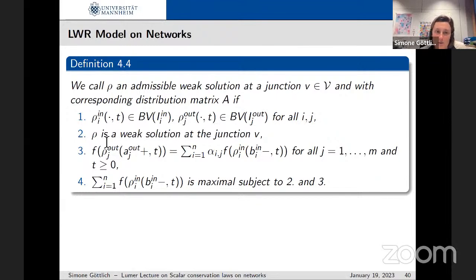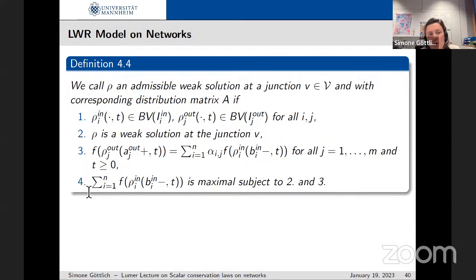We further assume that rho is a weak solution at the junction. We also have the distribution of fluxes among the outgoing arcs. That's why you see here the conservation of mass written more explicitly, in a way that the alpha or distribution parameters are included. But this is not enough so far to discuss the concept of solutions at nodes.